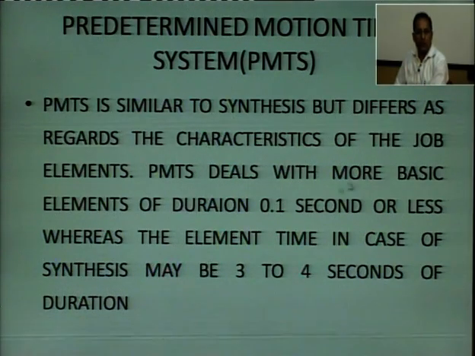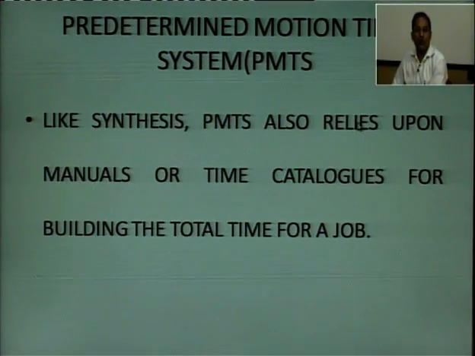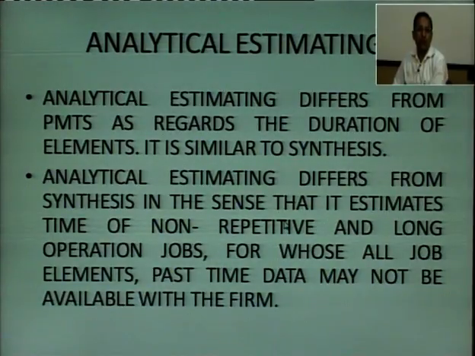PMTS deals with more basic elements of duration 0.1 seconds, whereas the element time in case of synthesis may be 3 to 4 seconds of duration. PMTS, like synthesis, also relies upon manuals or time catalogs for building the total time for a job.